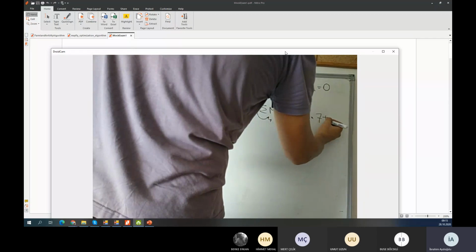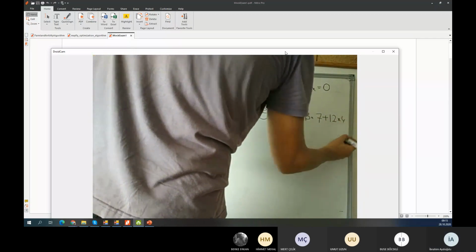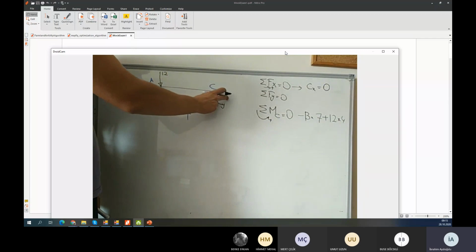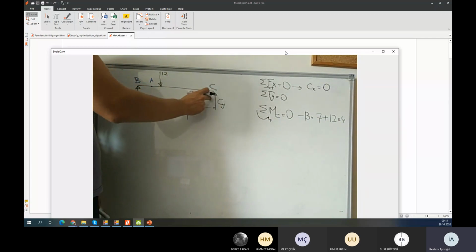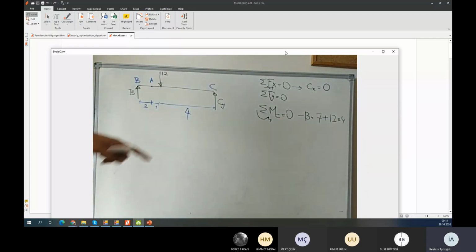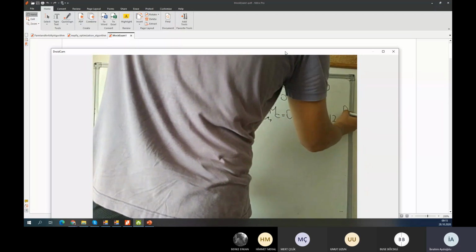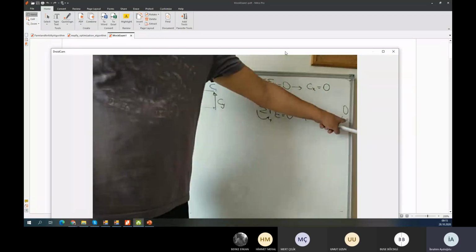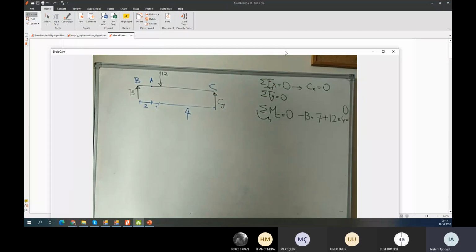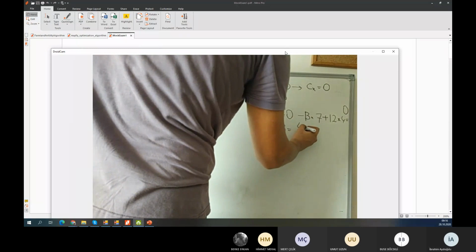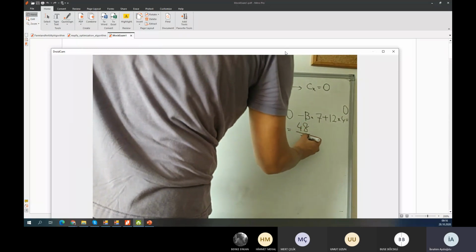Therefore, this should be positive. 12 times 4, okay. One more term, Cy, is available. You can see the moment arm of Cy is equal to 0 because Cy's direction passes through point C, so Cy cannot make a moment. So I don't need to write Cy. This expression should be equal to 0, okay. I don't have enough space, that's why I put the 0 outside. So you can see V is equal to 48 divided by 7.